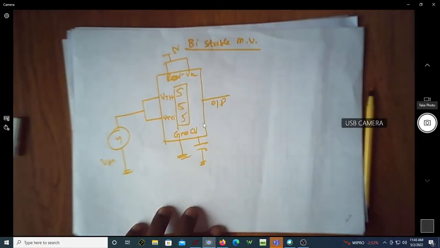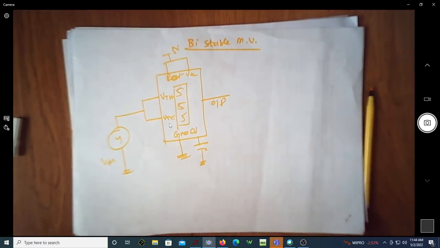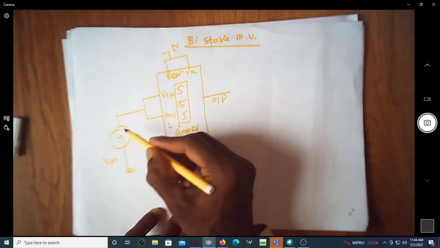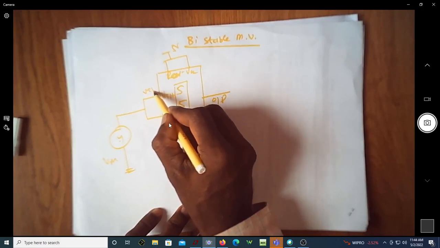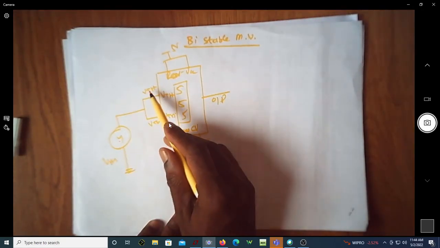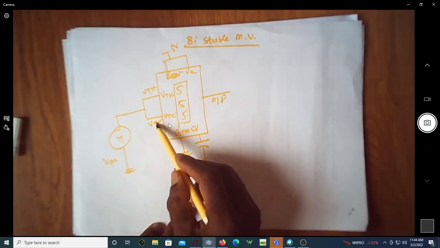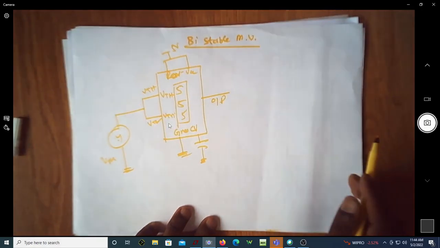So this is a bistable multivibrator in which the input is applied to both the threshold as well as the trigger signal. So you're comparing the input voltage with VTH and VTL, and if the input voltage exceeds VTH, output goes down to 0, and if the input voltage tries to go below VTL, output again goes to high.